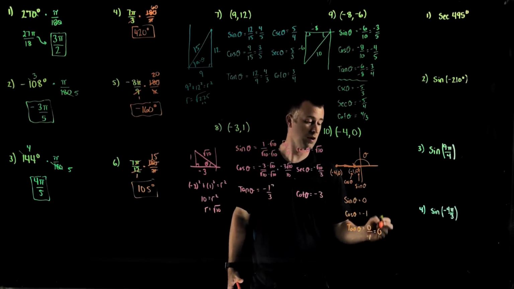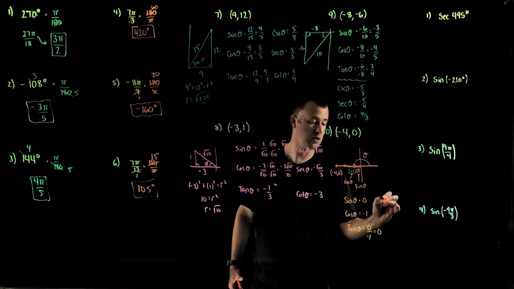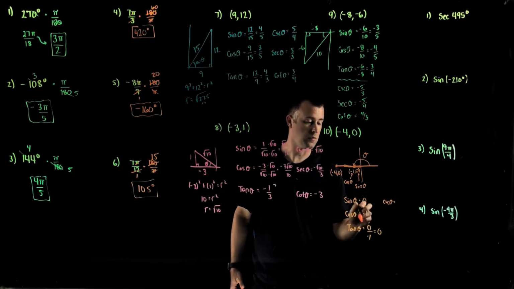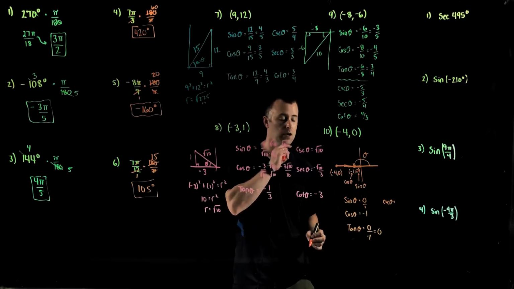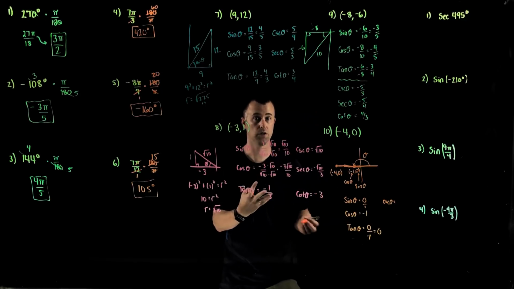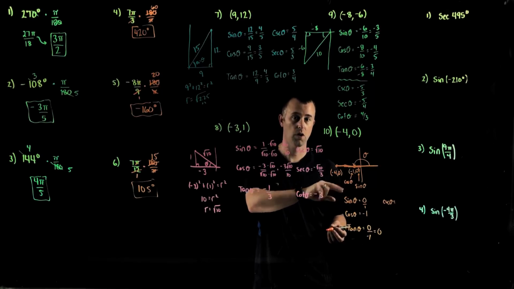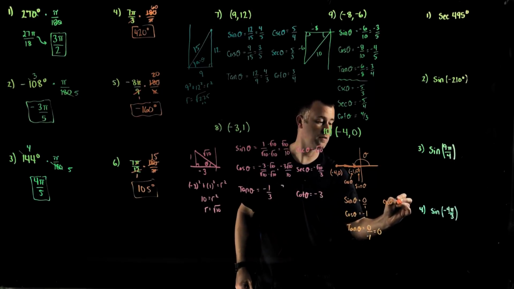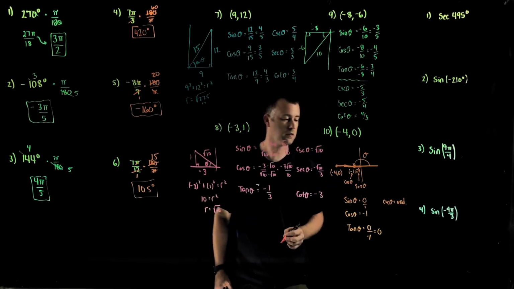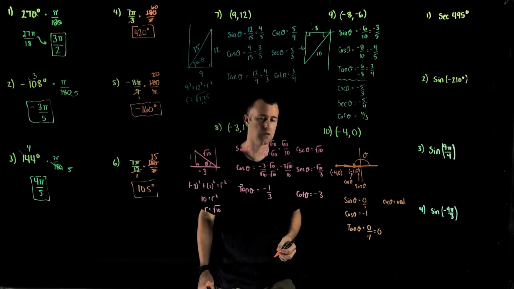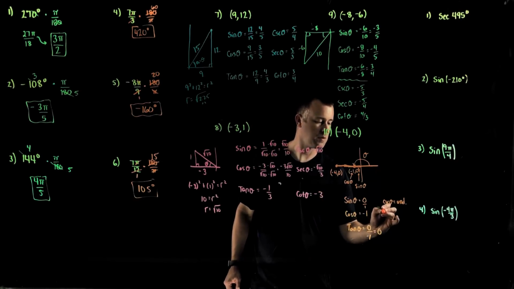So anyway, once you have all this, now we can do cosecant. Now, this is 0 over 1. So you have to put something there so you have a fraction, because I got to flip it here. And so this is going to be 1 over 0. Well, if it's 1 over 0, this is going to be undefined. So you just say undefined. I don't have much room to write it, so I'm just going to put UND there. Same thing here with secant.